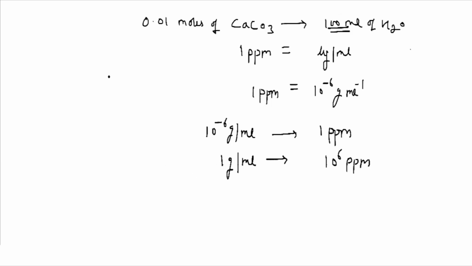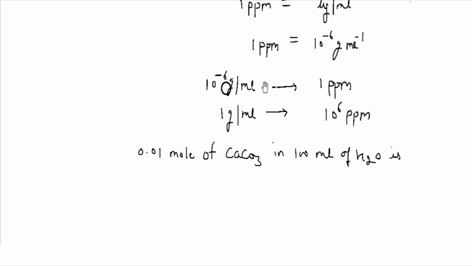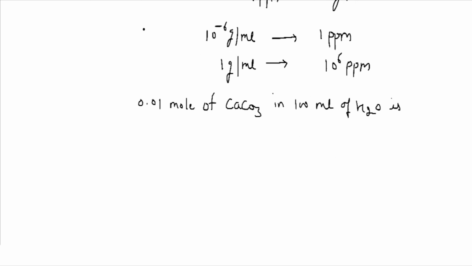So I can write here 0.01 mole of calcium carbonate contained in 100 ml of water is, you can say, 10 to the power 6 divided by 100 ppm, right?